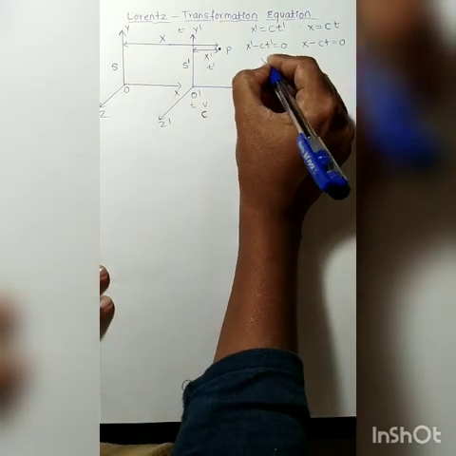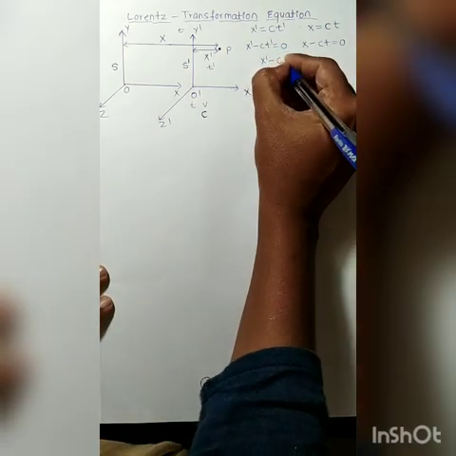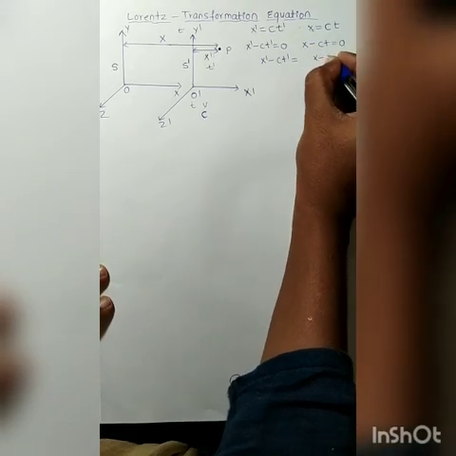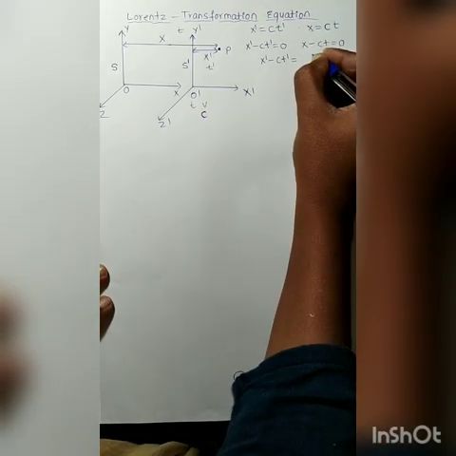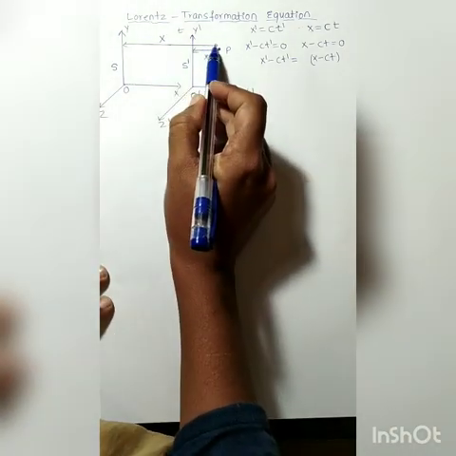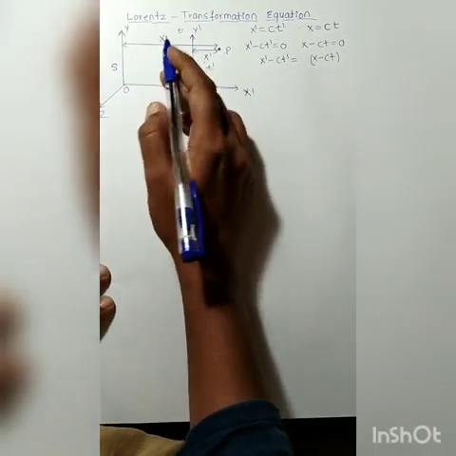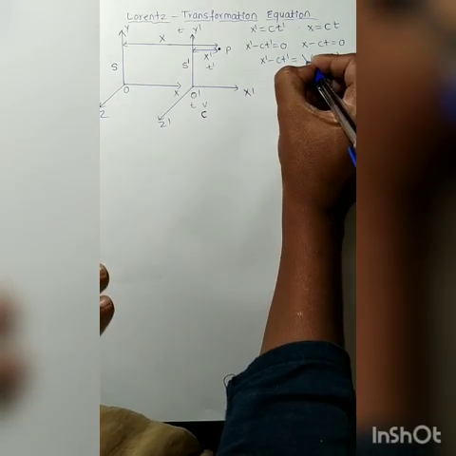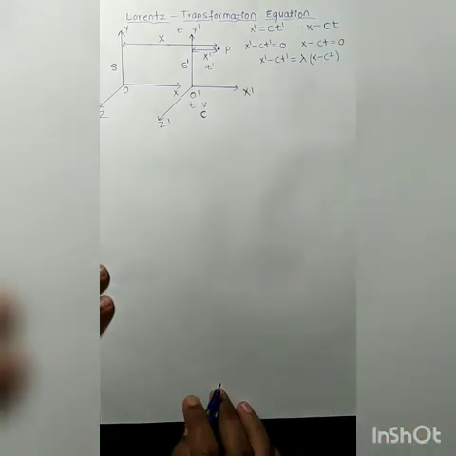That equation is nothing but x dash minus c t dash is equal to x minus ct, but as we are taking light rays, it will not cover the same distance and it is not taking the same time. That's why some proportionality constant will come, and we are taking it as lambda.